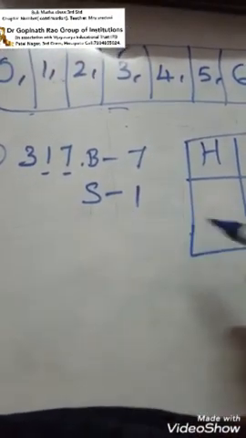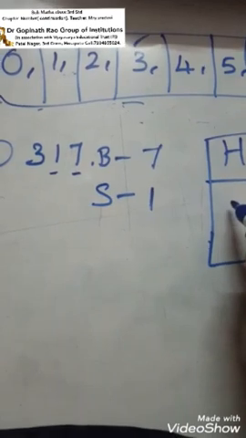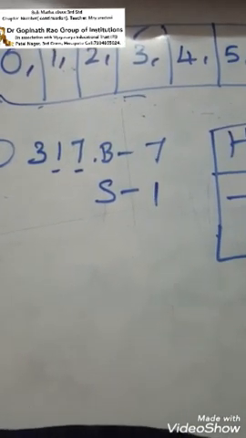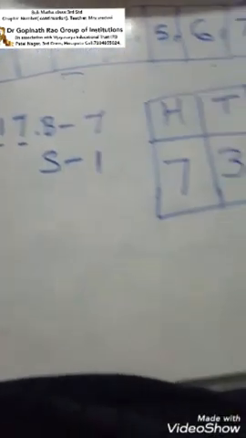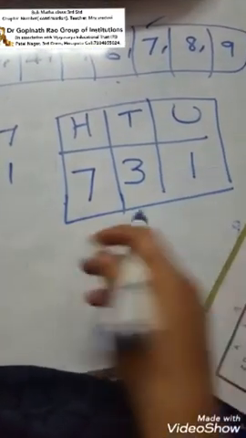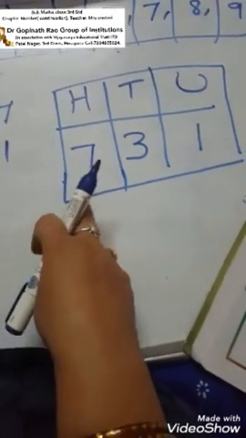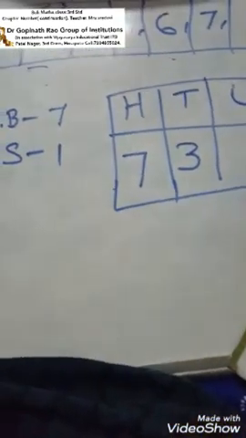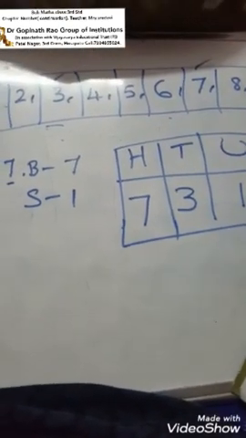Which is the biggest number here, among 3, 1, 7? 7. The smallest number is 1. The remaining number is in the tens place. So now read 731.